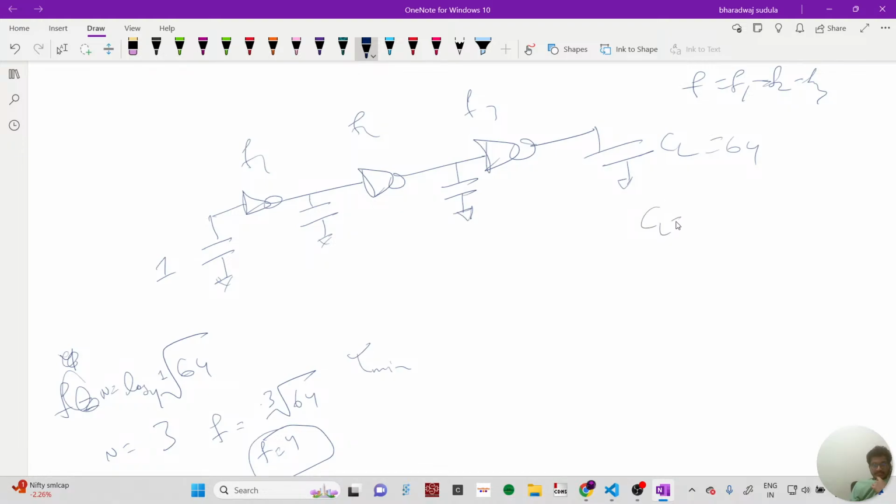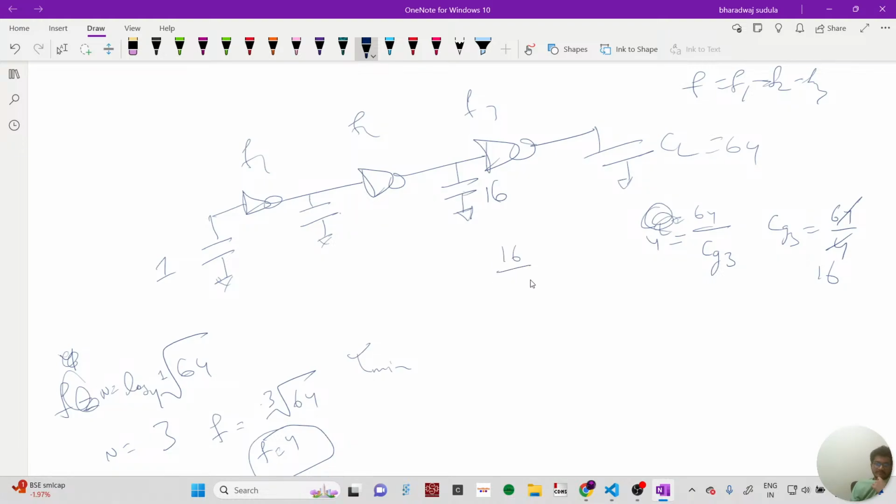So CL is 64 by gate cap of third inverter, which has to be 4. So CG3 is 64 by 4, you'll get 16. So this is 16, and this ratio should be 4.